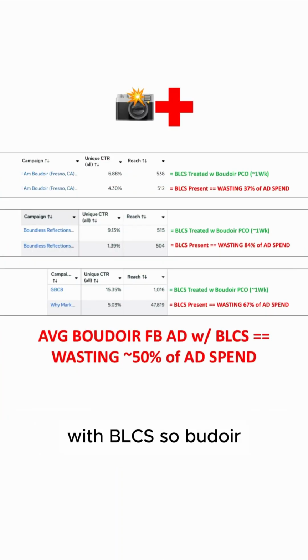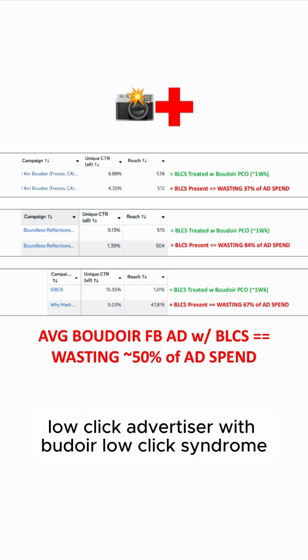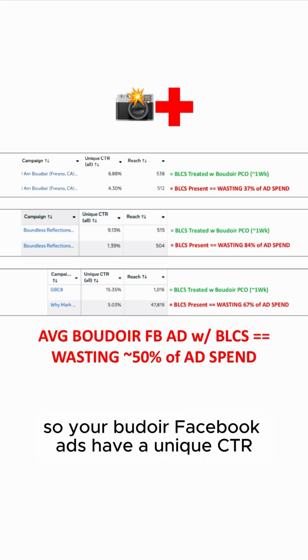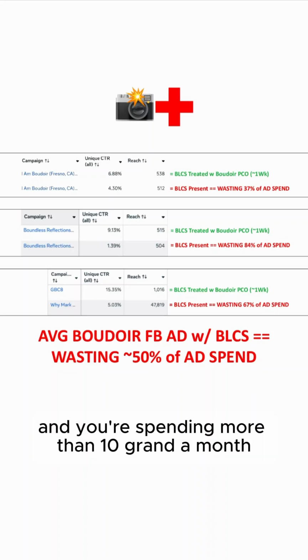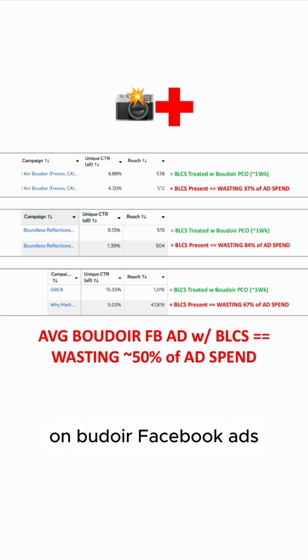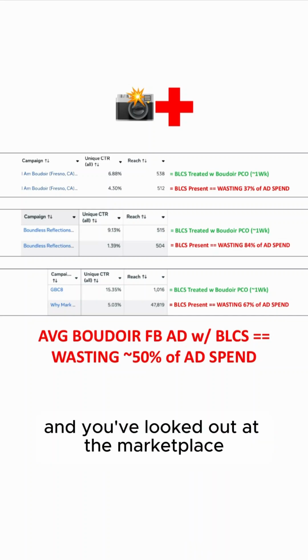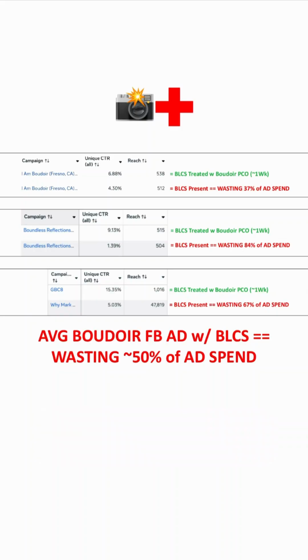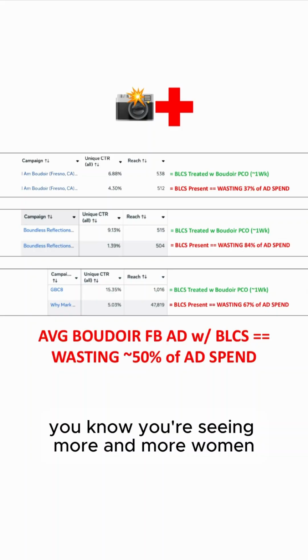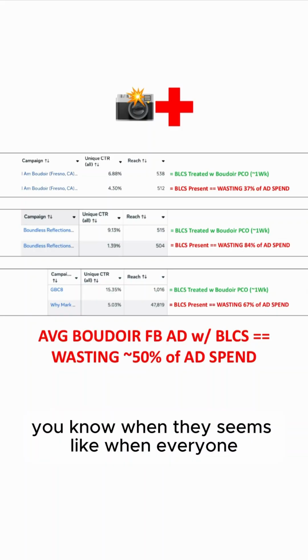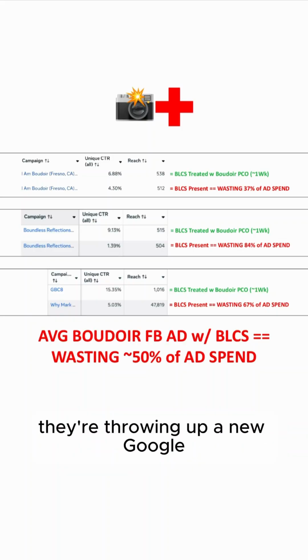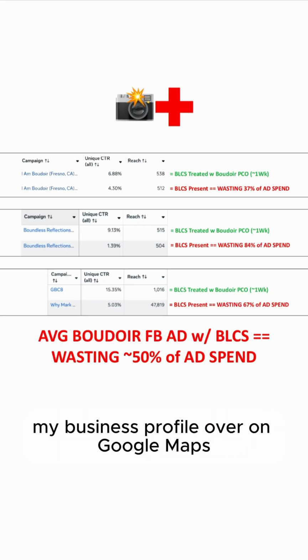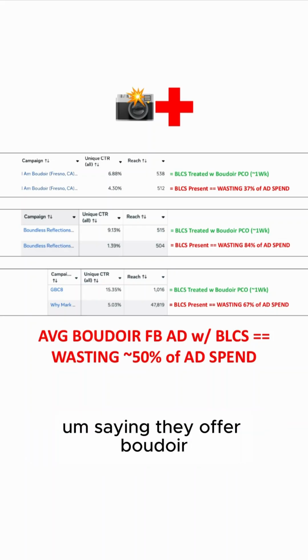All right, so if you're a BLCA with BLCS, so Boudoir low click advertiser with Boudoir low click syndrome, so your Boudoir Facebook ads have a unique CTRL under 6%, and you're spending more than 10 grand a month on Boudoir Facebook ads, and you've looked at the marketplace, seeing it get more saturated in your city, and you're seeing more and more women, when it seems like anyone gets a new iPhone, they're throwing up a new Google My Business profile over on Google Maps, saying they offer boudoir.